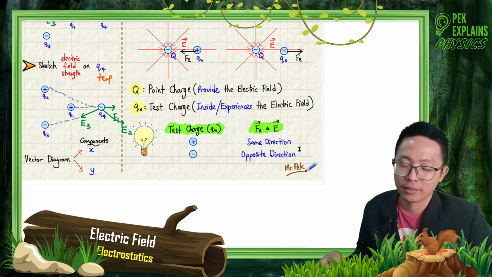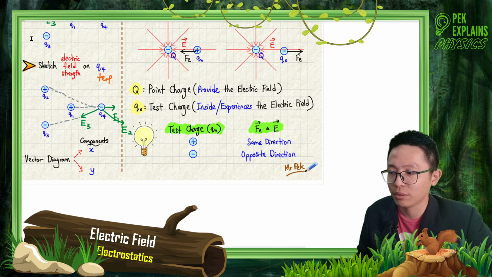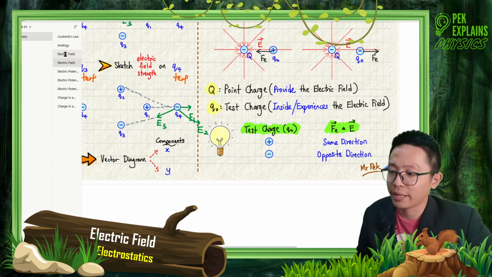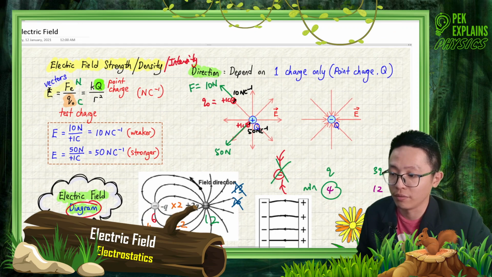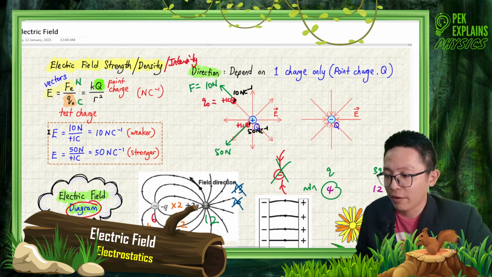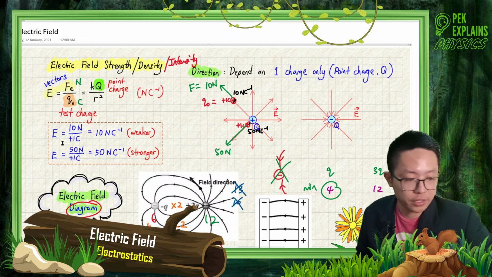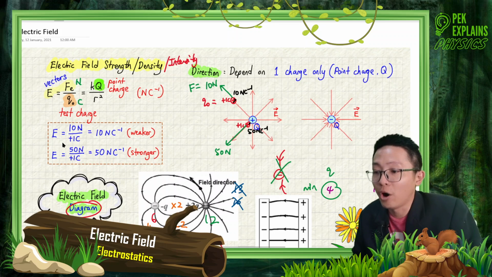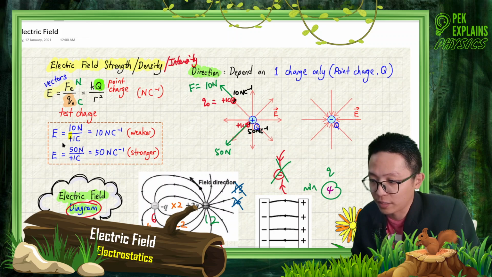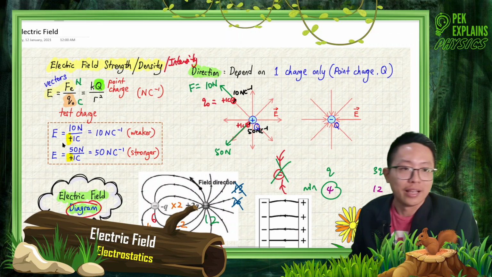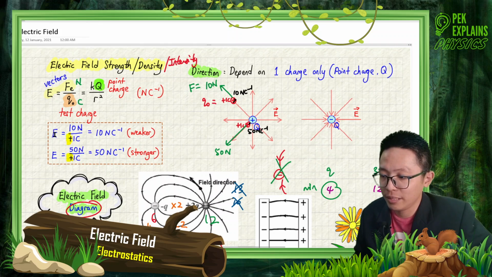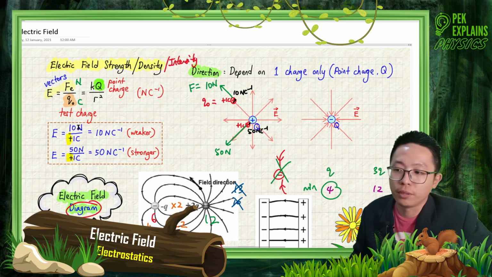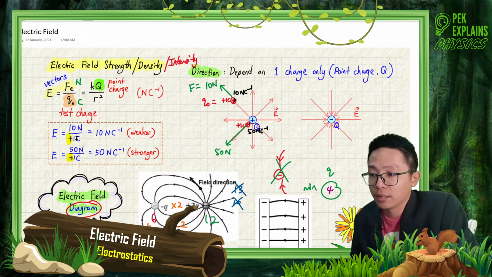Why is it like that? Because look back to our definition of electric field. Our definition of electric field is focusing on a positive test charge. Electric field is actually force per unit, what?